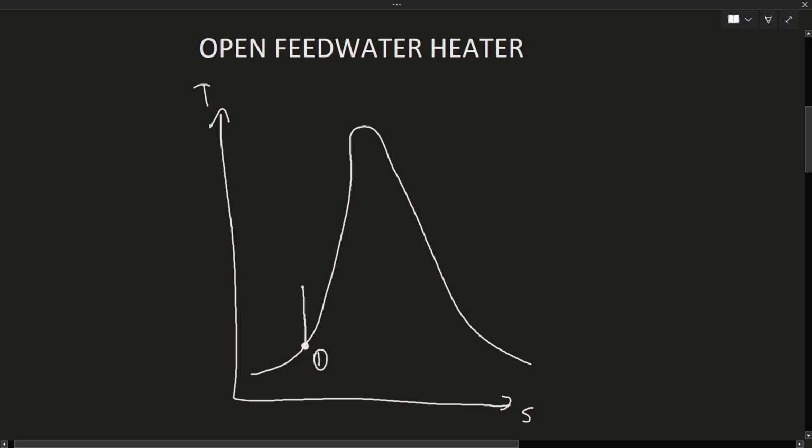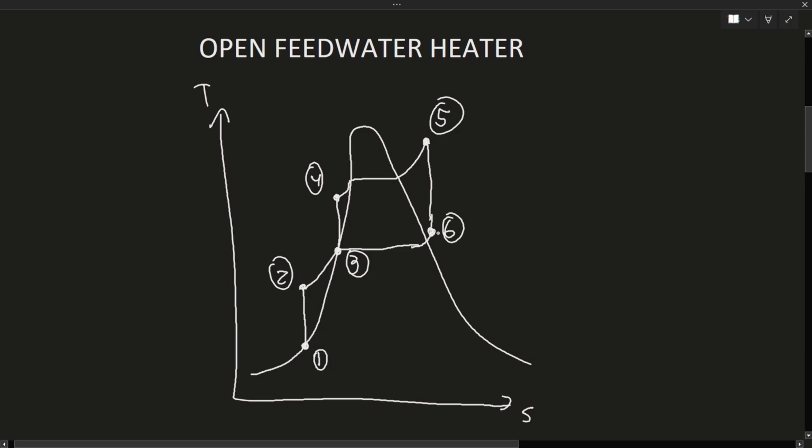It starts at point 1 and goes directly up to point 2. Then it touches the saturation line, goes up even more, then goes to point 5. Point 6 is somewhere over here, then down to point 7. This is your open feed water heater regenerative Rankine cycle.